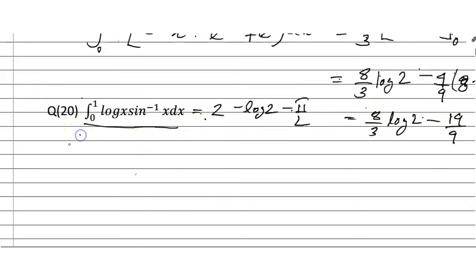How to solve this problem? So friends, at first I want to solve this problem in an indefinite process. So it is integral of log x sine inverse x dx. So it can be written this way, using IBP.